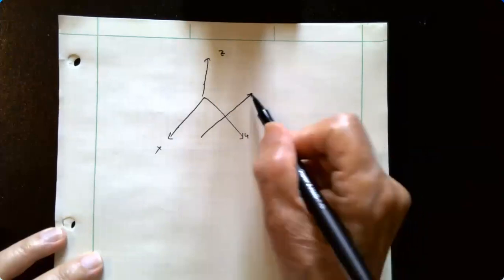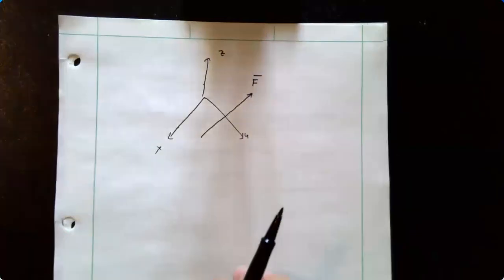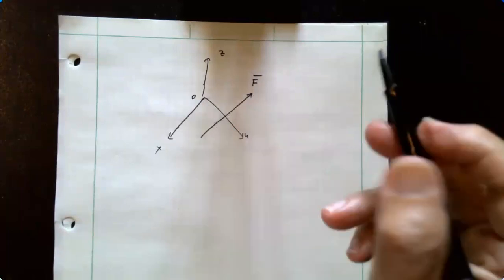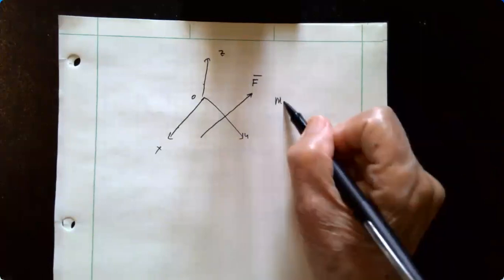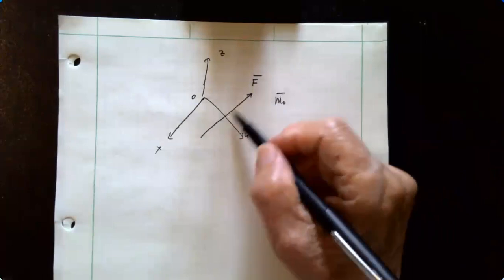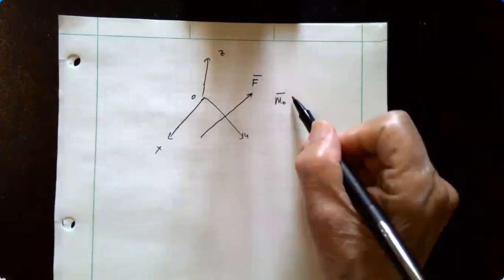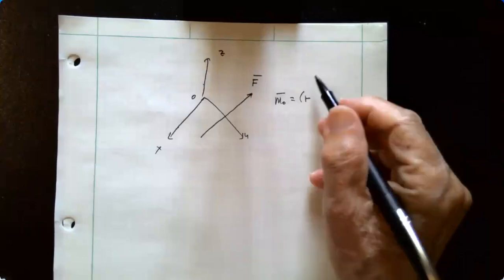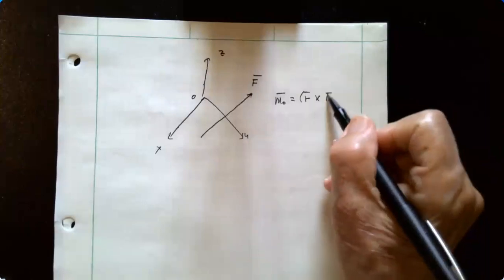Suppose we have a force in three-dimensional space, Cartesian vector. This is the origin. And what I want is the moment about the origin created by this force F, vector quantity F. And that's equal to R, which is going to be a position vector. And I'll show you this, R cross F as a vector quantity.